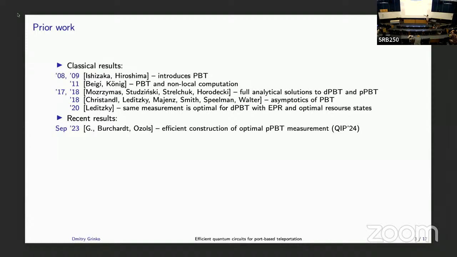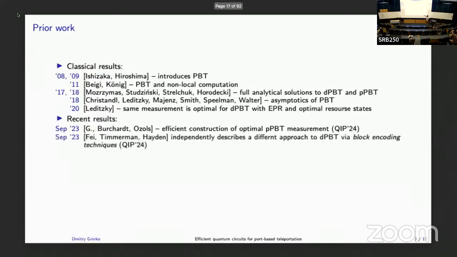In our work where we developed those tools for mixed Schur-Weil duality, we presented as an example application an optimal construction for PPBT for the optimized resource state, which is the standard PGM. Simultaneously there was a paper by Hsieh, Timmerman, Hayden, which described a different approach for deterministic PBT via block encoding techniques, similar to what Adam had in his approach.